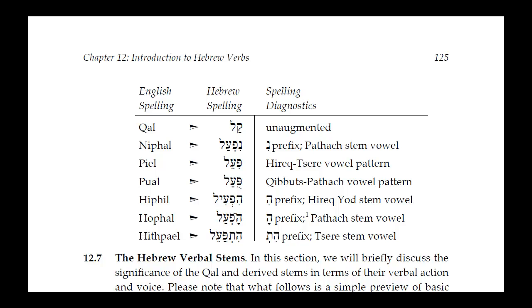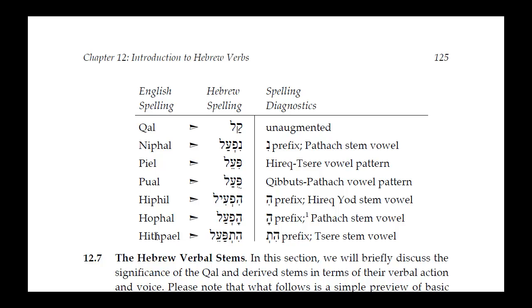All right, these are all perfects, third masculine singulars. We have the Hithpael stem, and you can see that the hey with the hireq and the tav with the shewa under it is the prefix to the root. And then you have the tsere as the stem vowel.